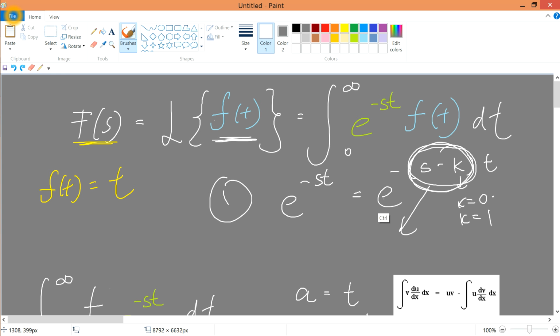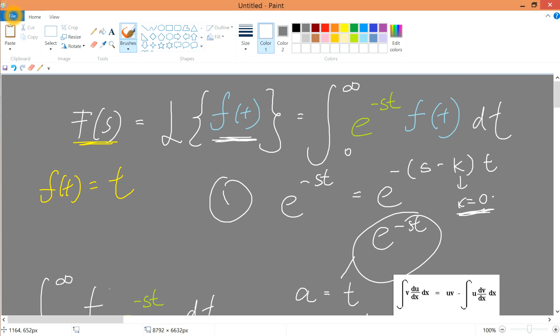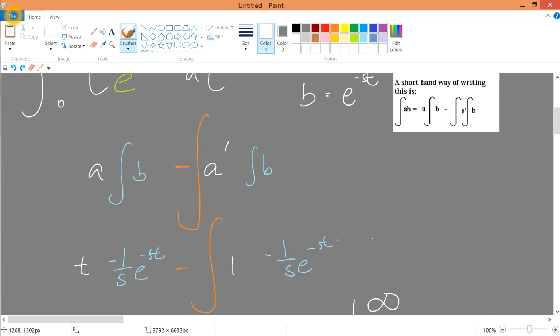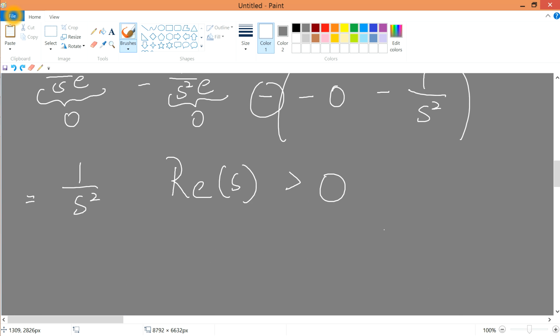Anyway, how do we get the region of convergence where k equals 0? When k equals 0, we have e to the minus st. This is why we could continue just now with e to the minus st. So k equals 0, and we want s larger than 0. Why?